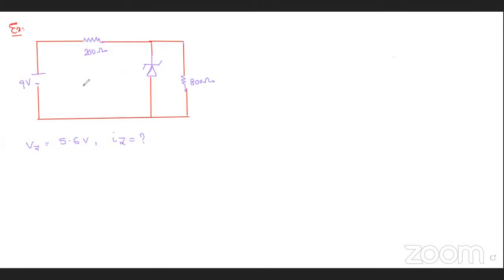Sir, the current I flowing is 3.4 by 200, sir, the total current. Okay, right. So Vs minus Vz is 9 minus 5.6, that is 3.4. Am I right? Yes, sir. So the current through it is how much, Nana? 12 milliamperes.